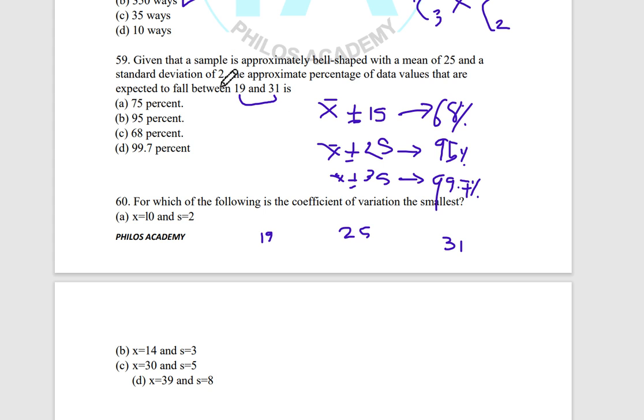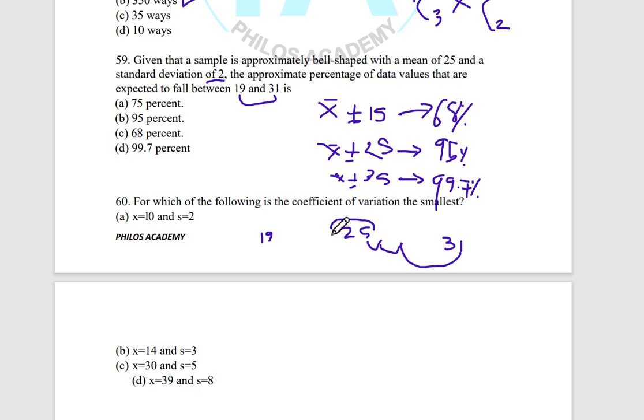The standard deviation is 2. When you add 2 to 25, you get 27. Add 2 again, you get 29. Add 2 again, you get 31. You see that you've moved 3 standard deviations: 1, 2, 3.